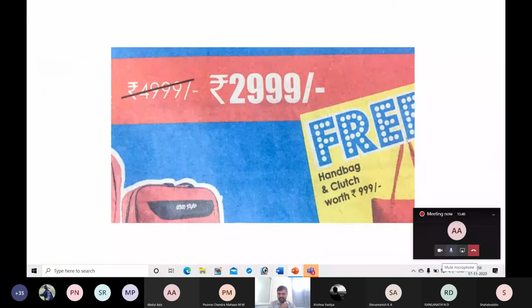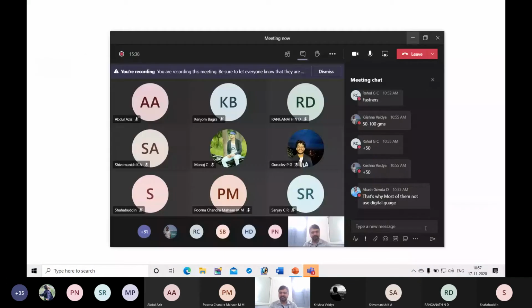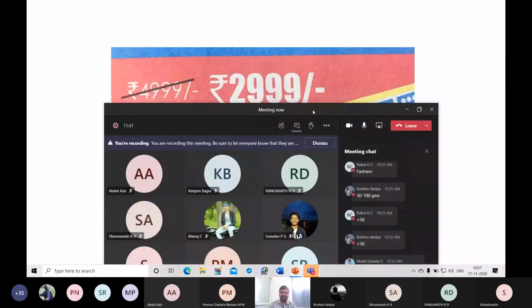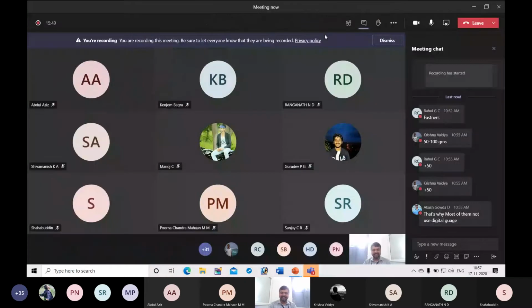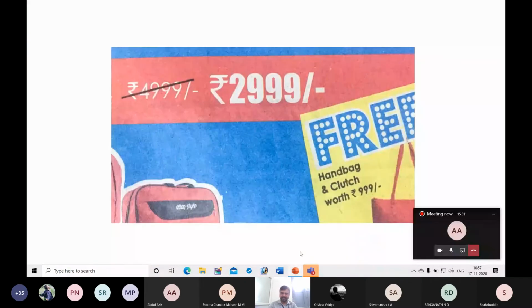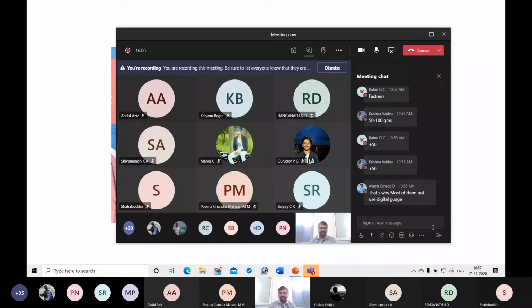Another example is the price of most of the products. Because of a marketing strategy, for most products the price will be quoted like this: instead of 3,000, they will fix it as 2,999. If you buy a product which costs 2,999 and you give 3,000, do you expect 1 rupee change, or will you accept? If the seller doesn't give you 1 rupee change, usually we will accept.